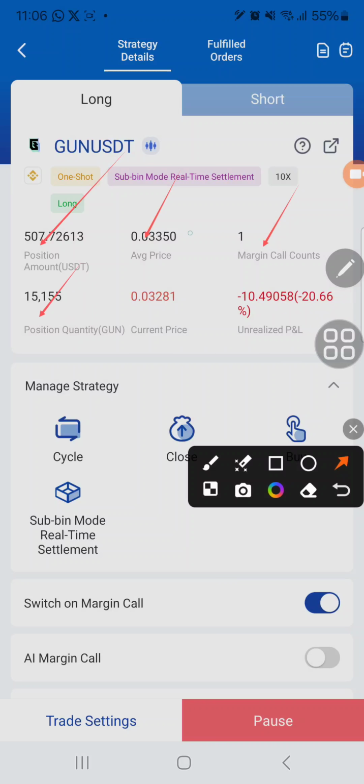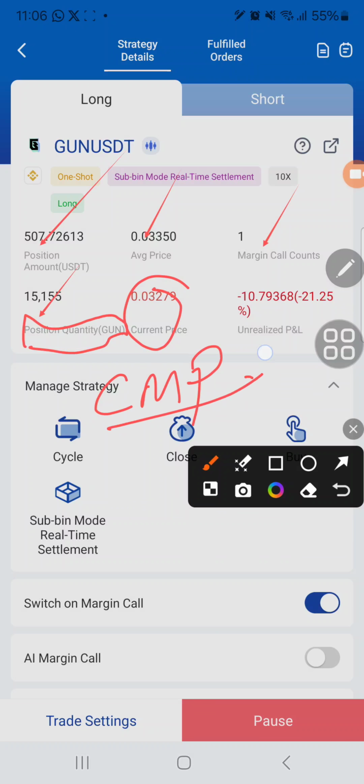Then the position quantity simply means the amount of coins that you have bought, the amount of GAN. So you bought 15,155 GANs. Then the current price, that is the current market price, CMP, of that particular asset.